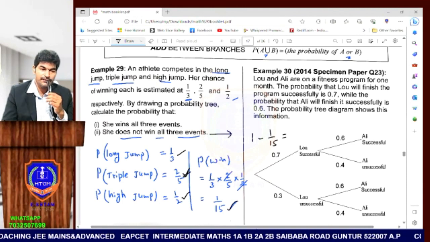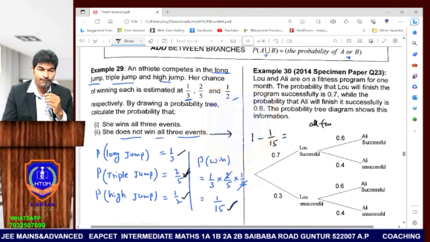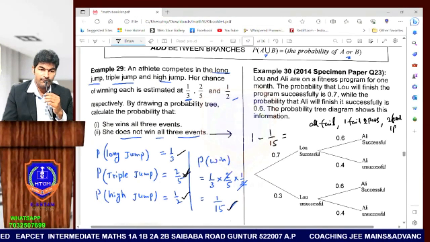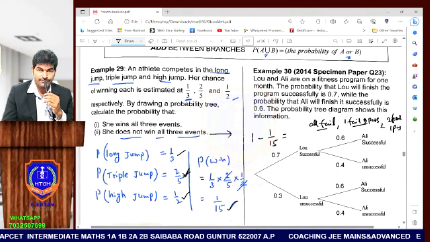That means you have to calculate all failure, 1 fail 2 pass, and 2 win, 2 fail, 1 pass. These are so many probabilities you have to add together.